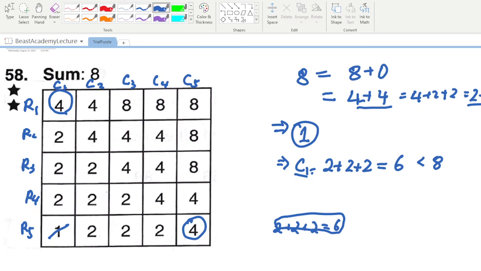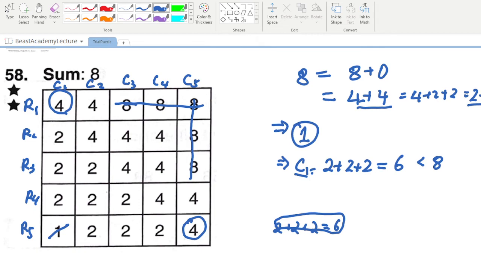If we use the 8, 4 plus 8 is what? 12. Is it possible? No. So what does this mean? We cannot use any 8. Any questions so far?